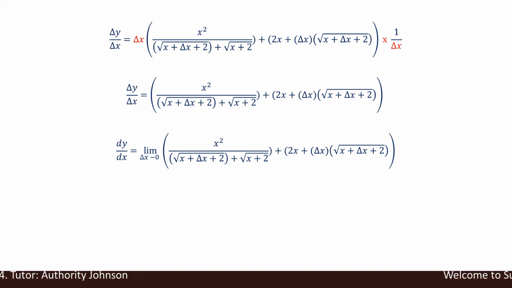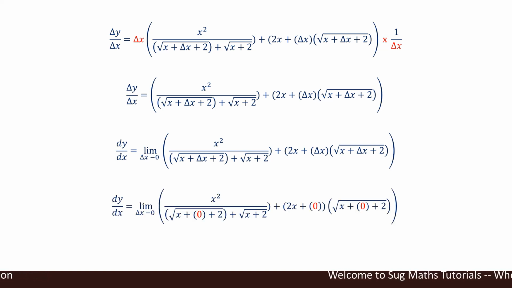So all the places that change in x appear, we are going to substitute it with the value 0, right? So when we do so, in the first term, we have x squared all over, in the denominator, square root of x plus change in x plus 2. In place of change in x we have 0, so we'll have square root of x plus 2.